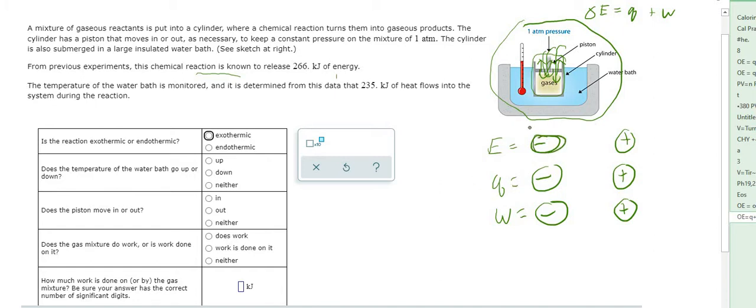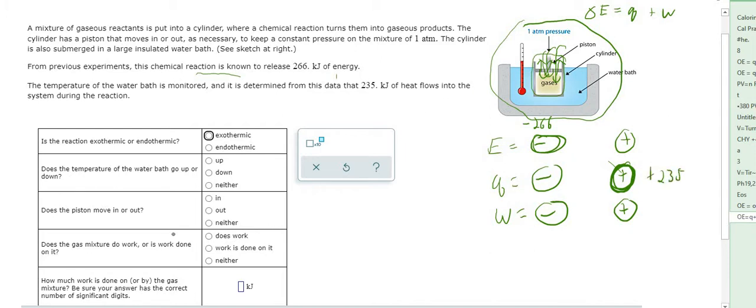So we know that the change in energy is going to be a negative 266. And finally, it says the temperature of the water bath is monitored, and it is determined from this data that 235 kilojoules of heat flows into the system. If heat flows into the system, that is positive, and so Q is going to be a positive 235.